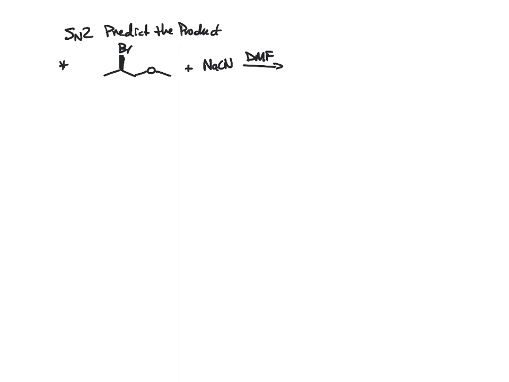Sodium cyanide is the nucleophile, DMF is the solvent, and then what classification of bromide are we starting with? So we have a secondary bromide. We have a good nucleophile. We have a polar aprotic solvent.